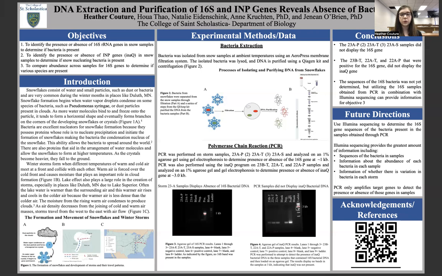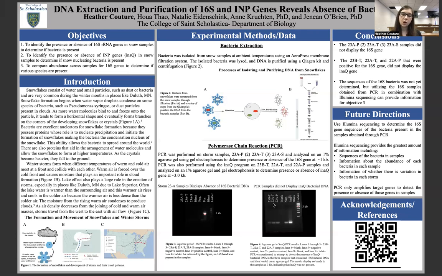So from there, we've identified different samples that were known to have 16S bacteria from prior years. So we took those samples, 23BT, 22AT, and 22AP, and we wanted to identify whether or not we had those nucleating bacteria present. So specifically the INAQ.